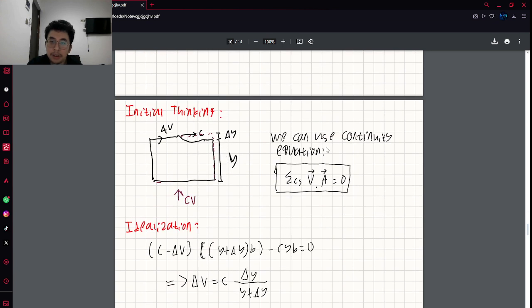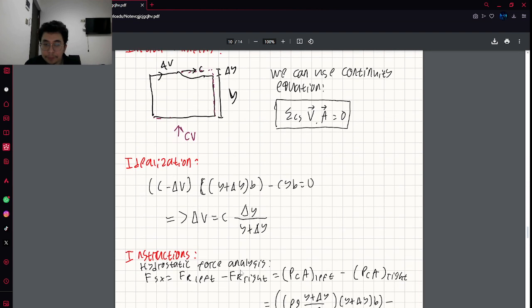Basically, for this you can use the continuity equation, which we can use with idealization to transform into a specific type of equation that we want to find, which is delta v.